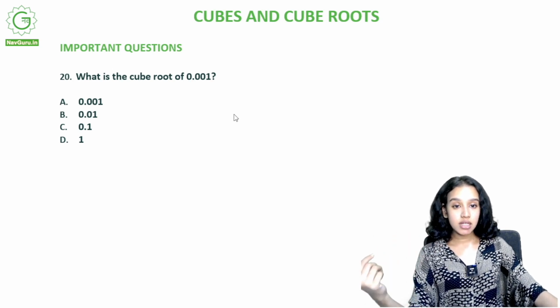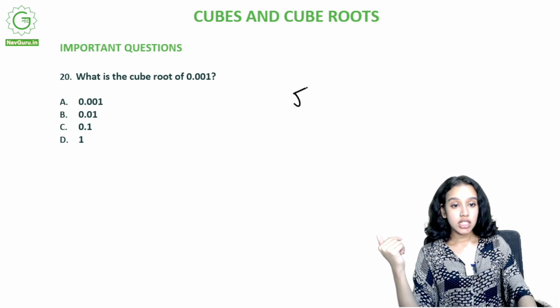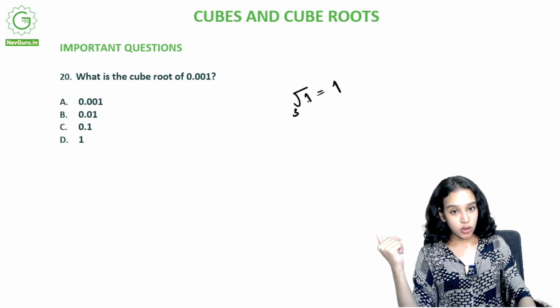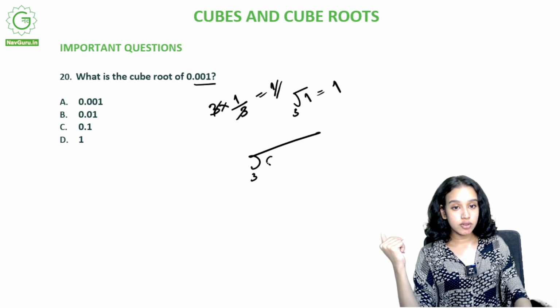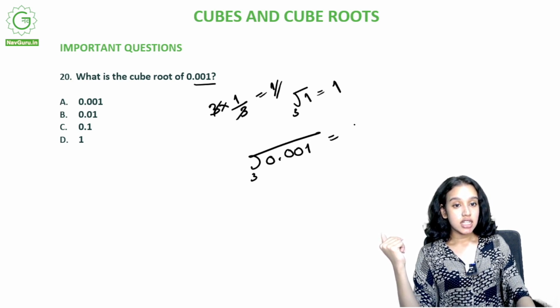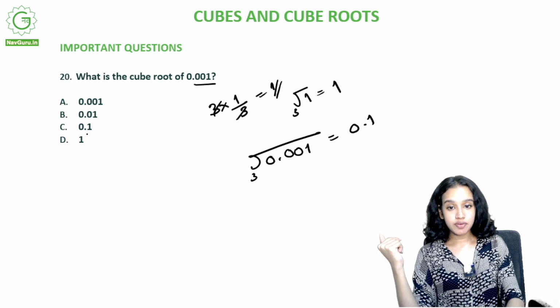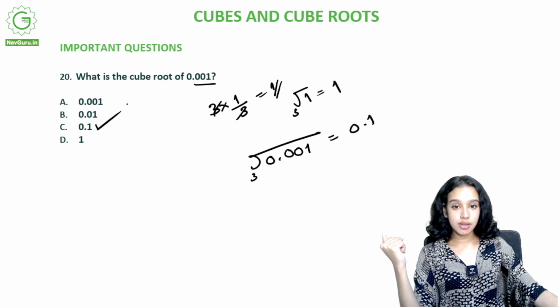Again, it's a very simple question because we know the cube root of 1 is 1. Now, how many decimal places do we have? We have 3 decimal places and we take 1/3, which will give us 1. So, we need to put 1 decimal place. So, cube root of 0.001 is 0.1. This is the answer.